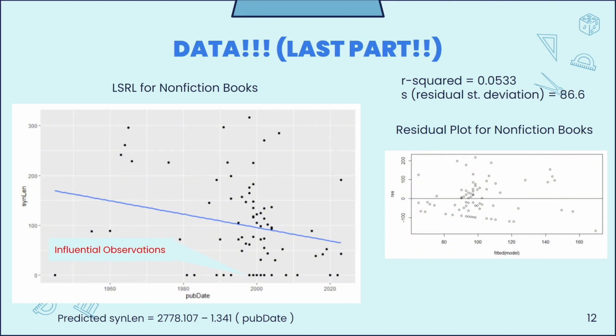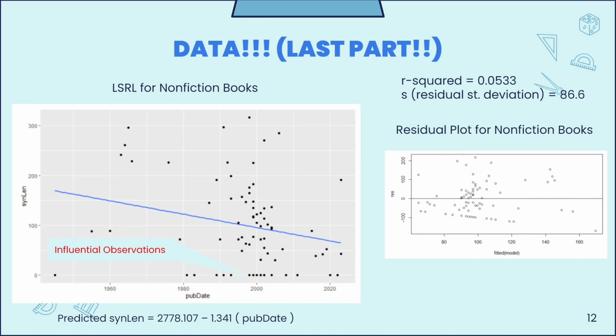So we see an r squared value of 0.0533, telling us that 5.33% of the variability in synopsis length can be attributed to the publishing date, with a residual standard deviation of 86.6, which is also very great.